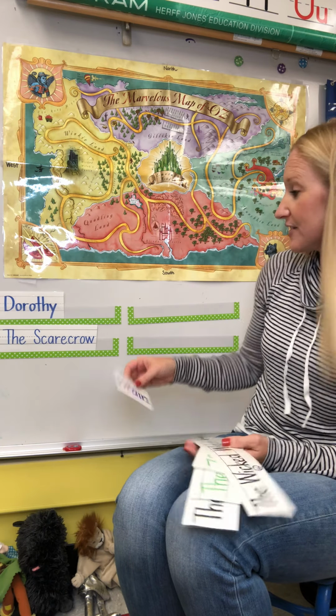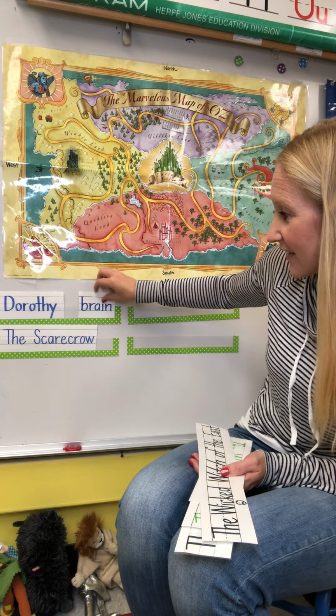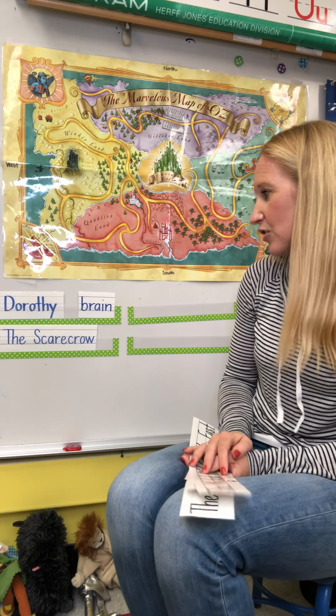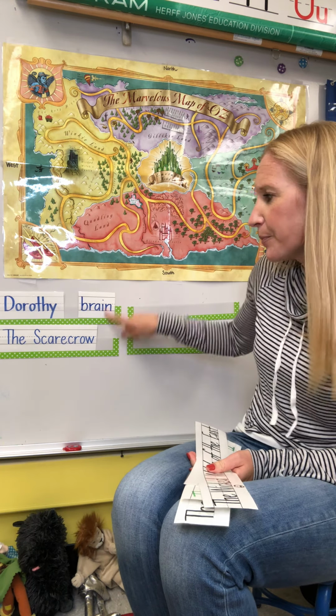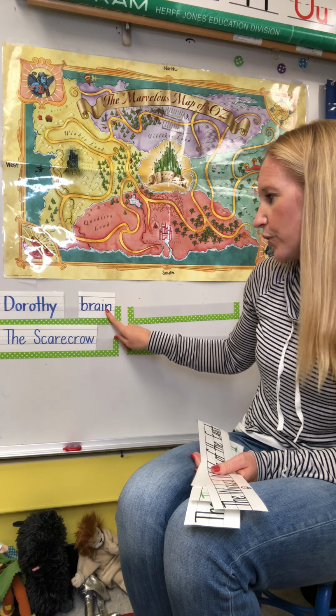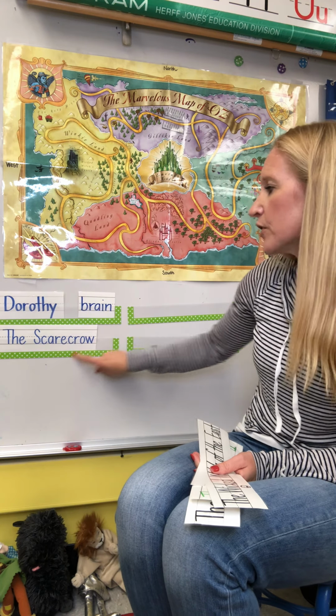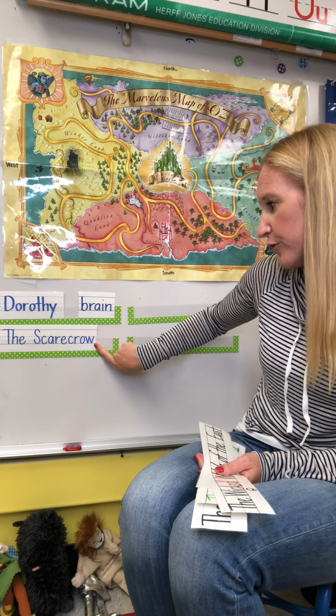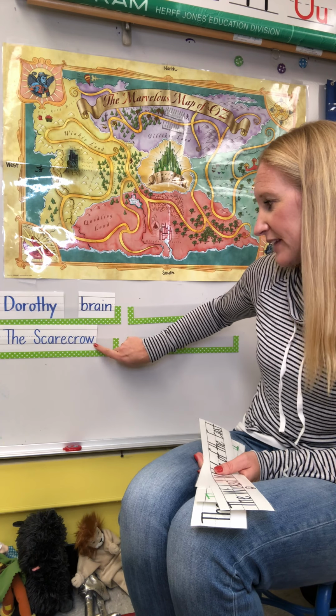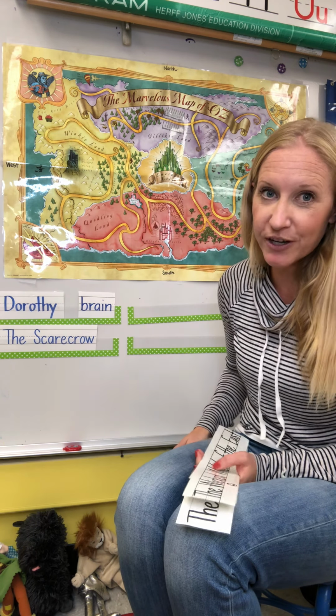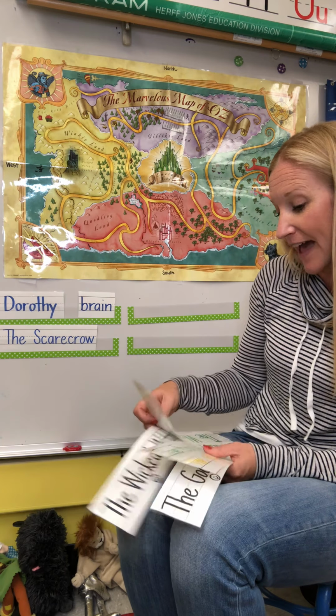And we are going to add brain, because that's what he's asking the Wizard of Oz for. I put these all in blue because the Scarecrow wears blue, because he's from Munchkinland, and Dorothy's actually wearing a blue dress too, which is why I did that.